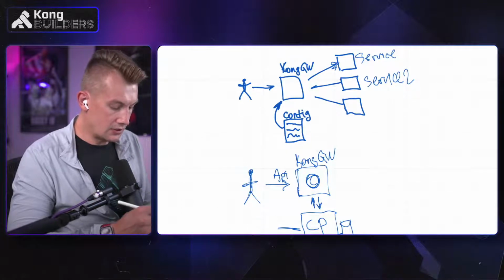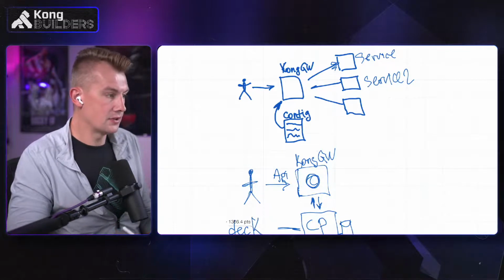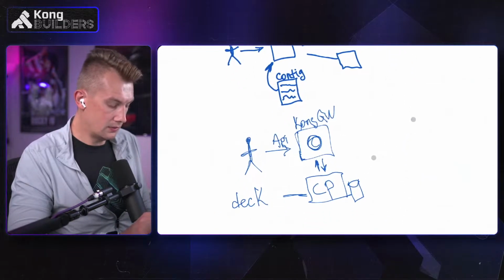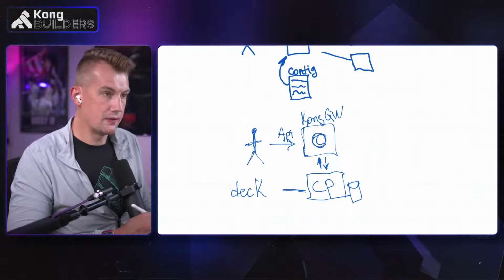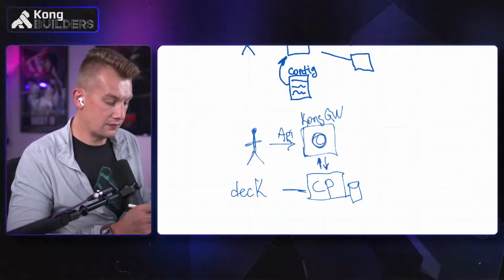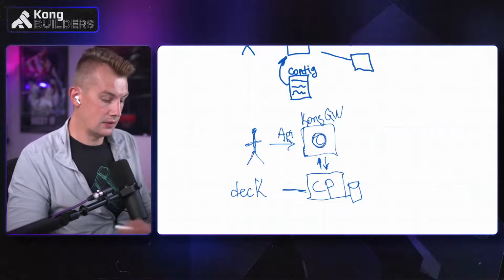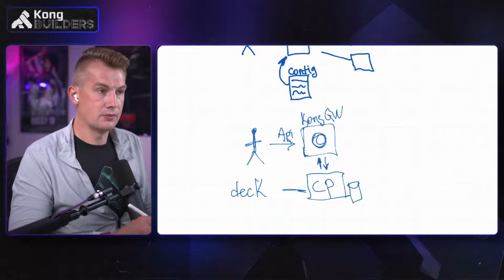Essentially what we did, we used this deck tool to ship configurations to the control plane, and after that, this control plane, first of all, has a storage for this configuration, which is important because you don't need to maintain a database yourself, and this database is already maintained by us. And this configuration will be shipped to any Kong.